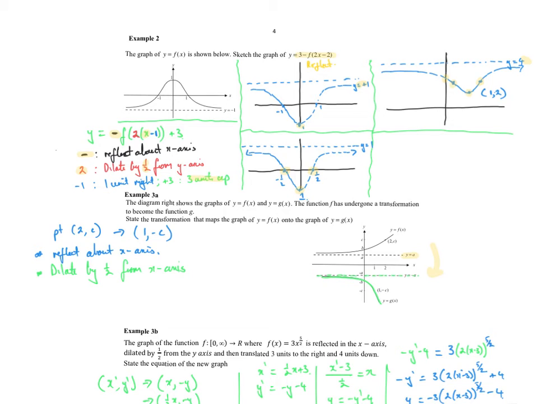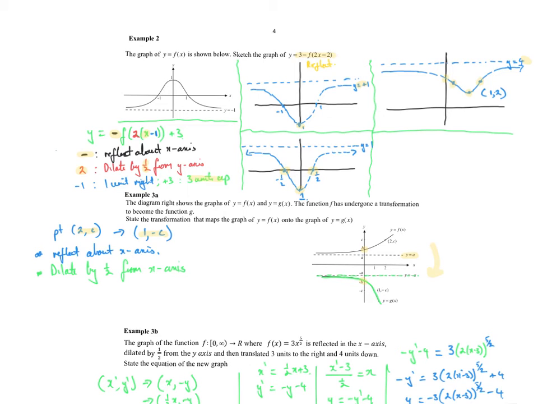And the x values, well, we know the x values have changed, but they've changed by a factor as opposed to being shifted. And obviously they're half as big. So the x coordinate is half as big. We can see the point 2, c has become the point 1, negative c.